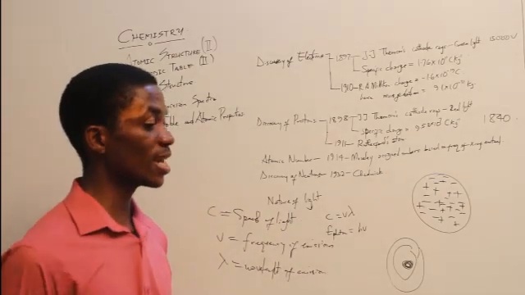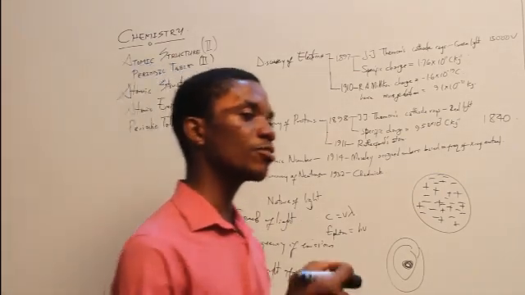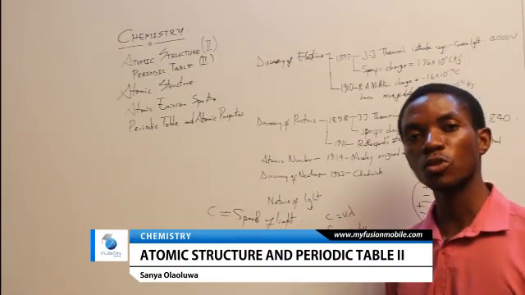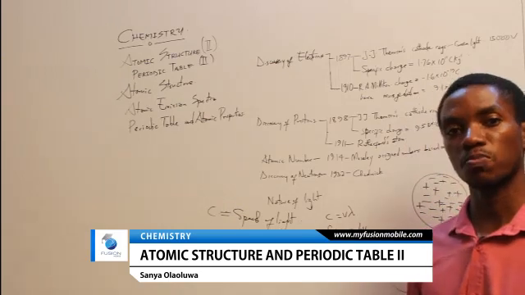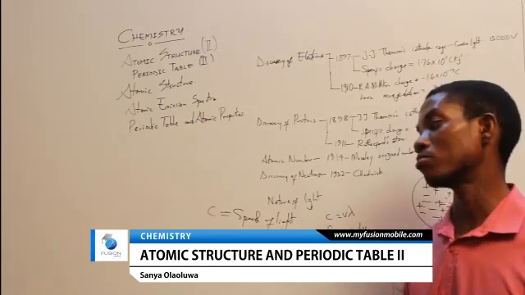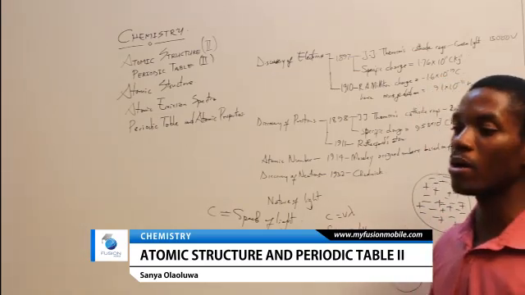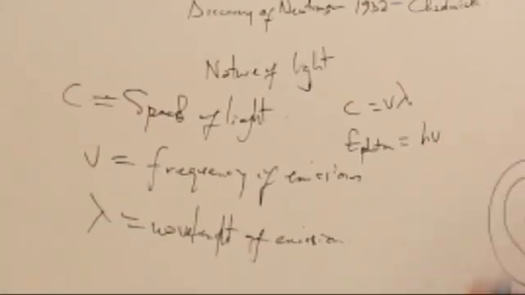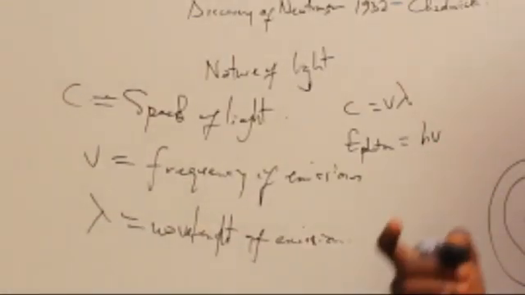But we also discovered that even in light, we have some particles known as photons. They carry energy, and they do possess a certain amount of mass. When we want to calculate the amount of energy that they possess, we simply multiply the Planck constant by the frequency.